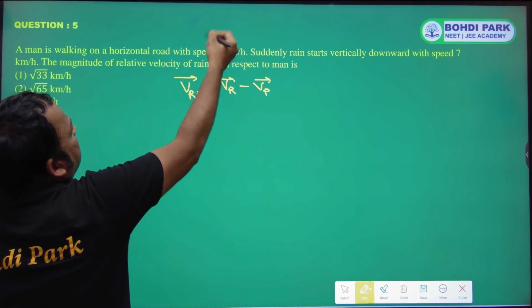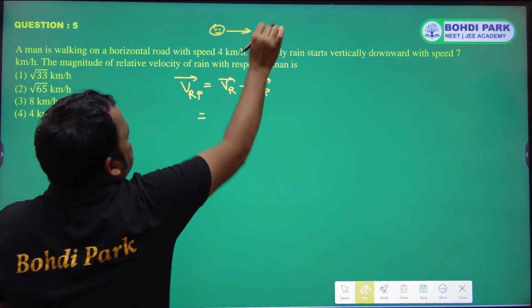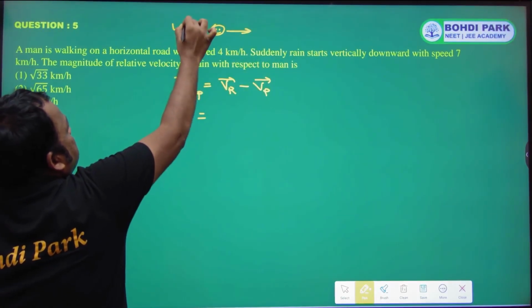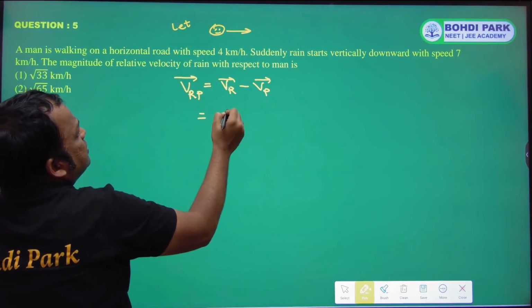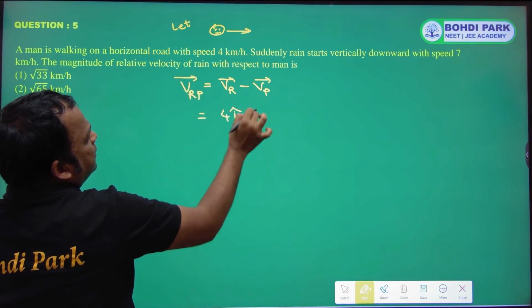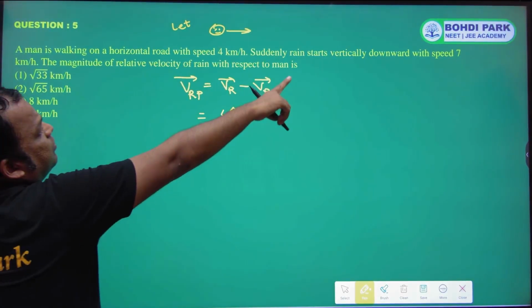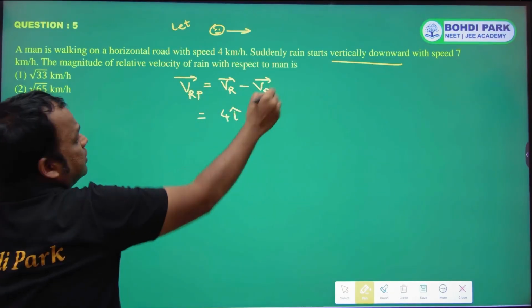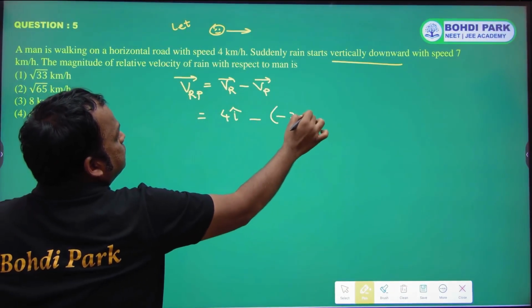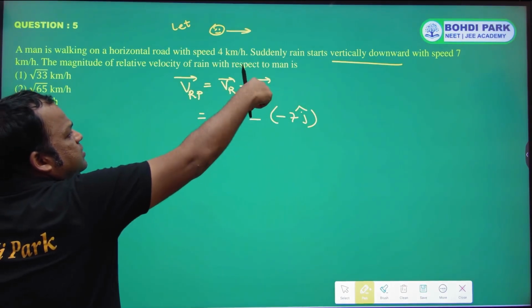So we can assume the person is going east. So I'm just assuming it. It is not mentioned in the question. I'm assuming. So this is 4 i cap, and the rain is falling vertically. So minus j cap. Okay, with 7. So minus 7 j cap is velocity of rain.